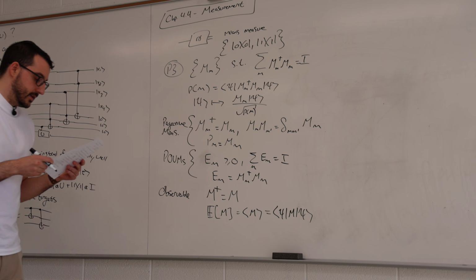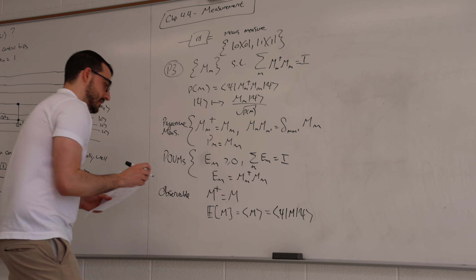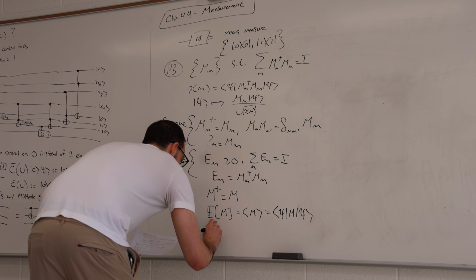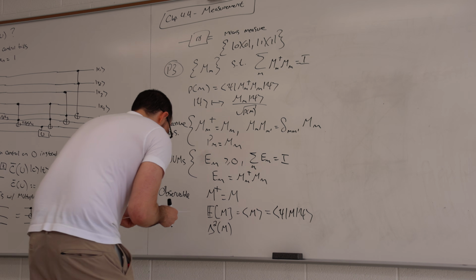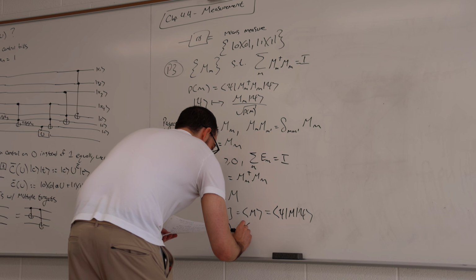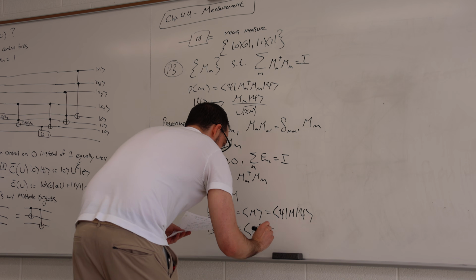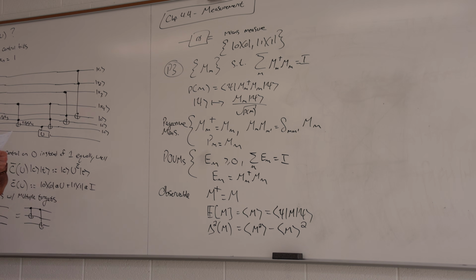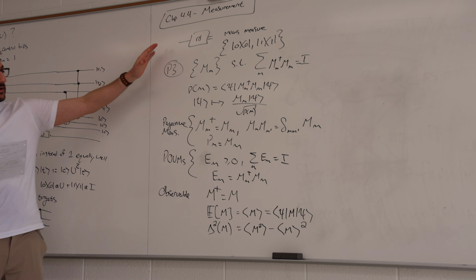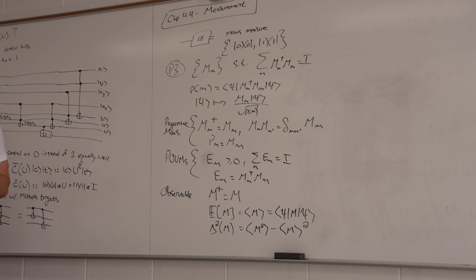And then we also wrote down the rule for the standard deviation. The standard deviation squared, delta squared of M, is equal to the expected value of M squared minus the expected value of M, quantity squared. Okay, so sort of a quick rapid-fire recap of measurements in quantum mechanics.